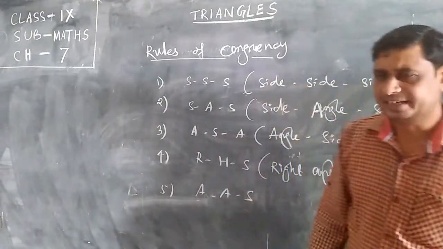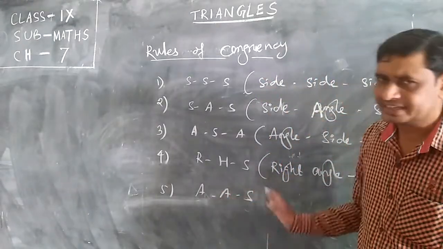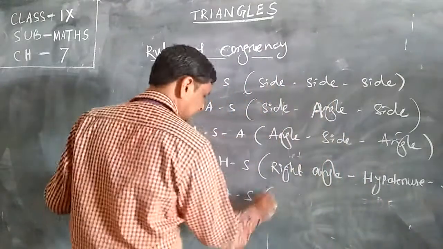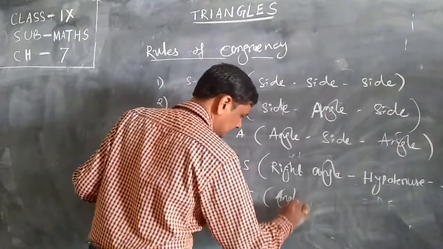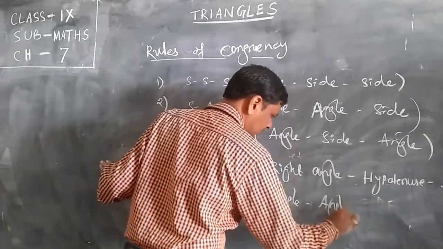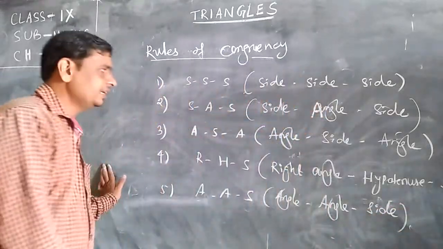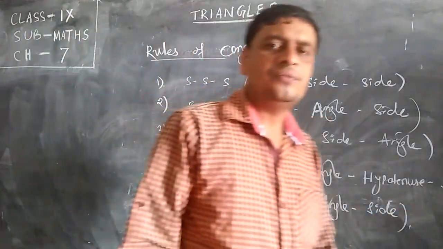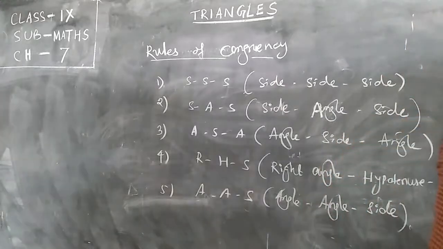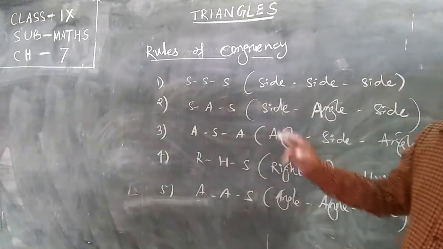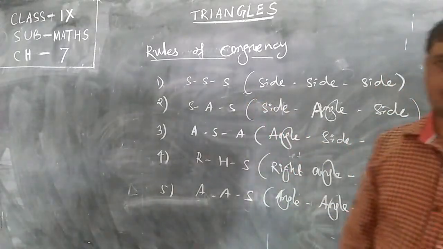In that case, we can derive here angle, angle, side. According to these 5 rules, we can prove two triangles are congruent.